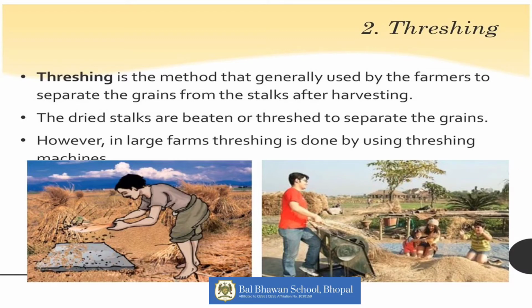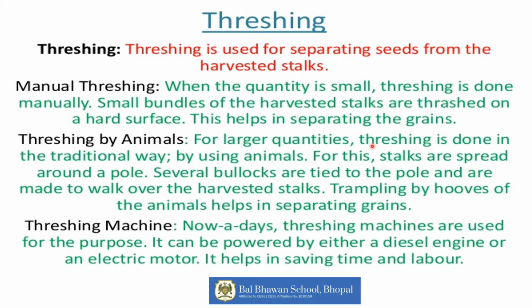Now let us see the different ways by which threshing is carried out. As you can see in this slide, threshing is used for separating seeds from the harvested stalks. Now, the first method is manual threshing. What do we mean by manual threshing?